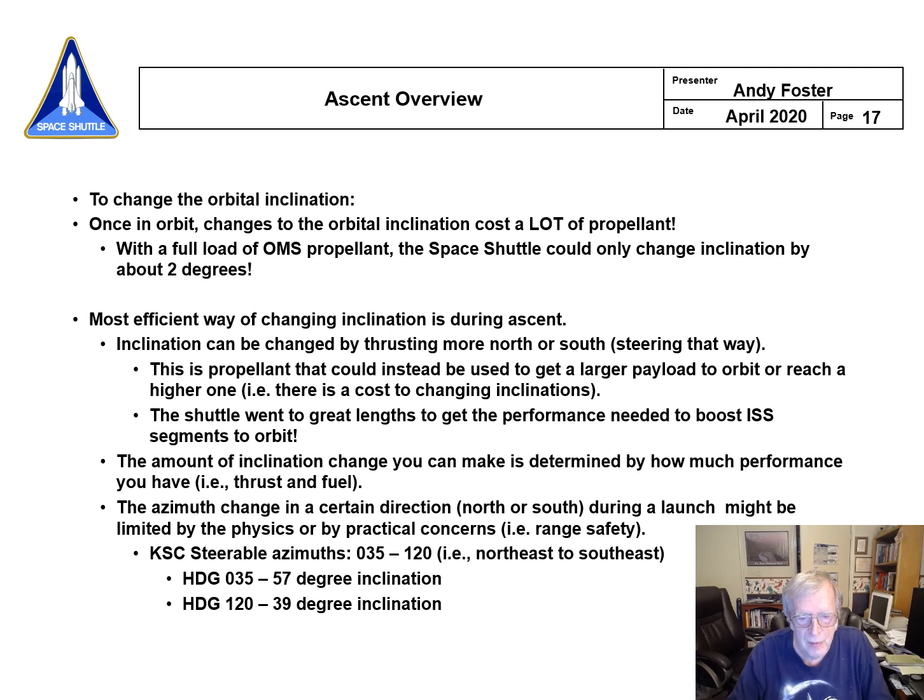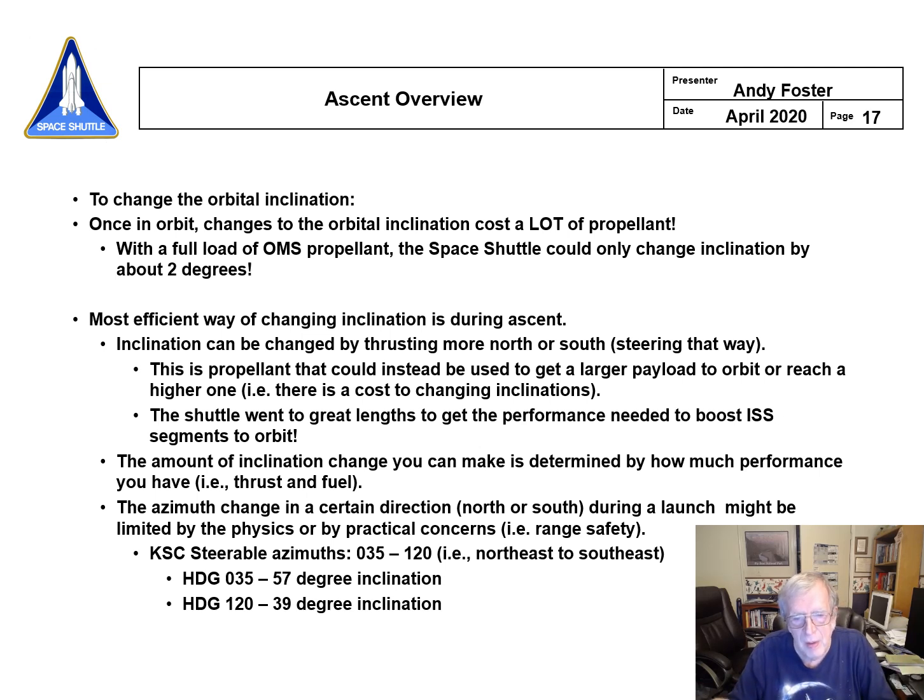And this is true for KSC because we had the capability from a physics standpoint to steer, actually we have one flight at 62 degrees typically, and so you could do that north or south, but because flights at those high inclinations, if we steered to the south right out of KSC trying to get to a high inclination, we would overfly parts of South America. And we typically did not want to do that because we didn't want to have something go wrong with our rocket and then dump it on populated areas.